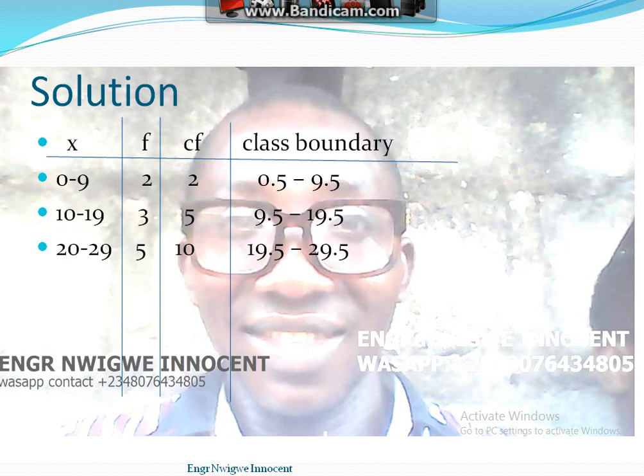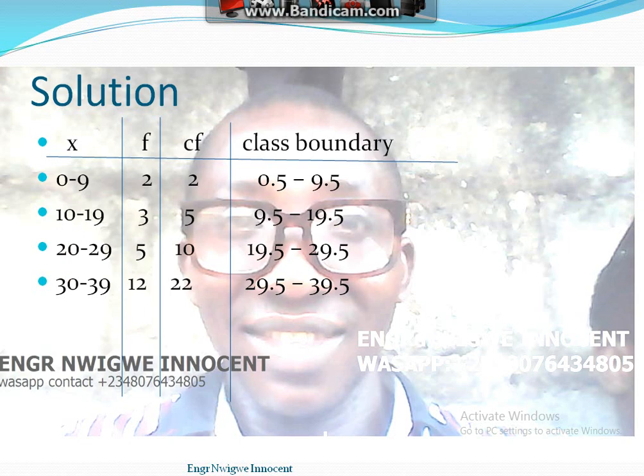The cumulative frequency is 5 plus 5, which gives us 10. The class boundary is from 19.5 to 29.5. When the mark is 30 to 39, the frequency is 12.